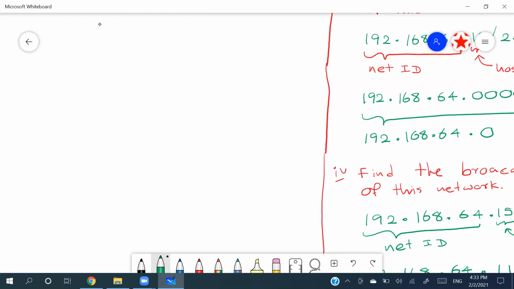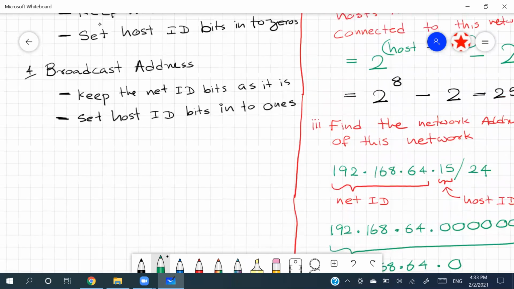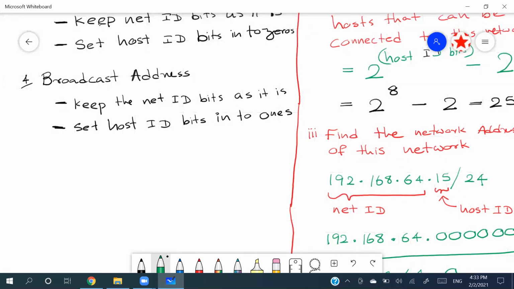To find the IP range, we need the network address and the broadcast address. So to find the IP range, what we are doing is we are considering the next address after the network address and the one before the broadcast address. Right? So the fifth one is about finding the IP range.